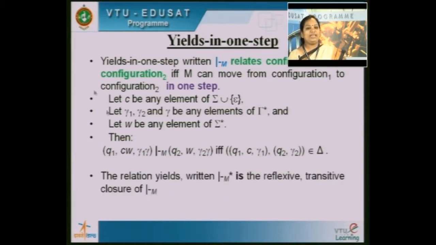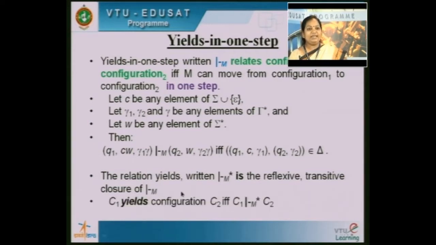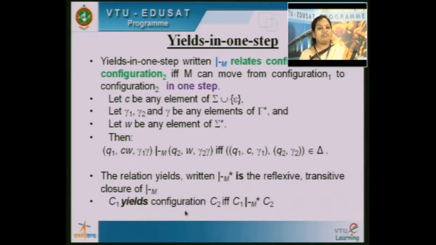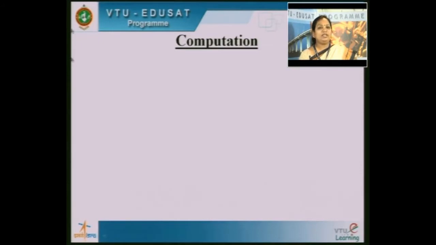So this is one yield. The relation yields is the reflexive and transitive closure of a single yield. So C1 yields C2 can also be written as C1 yields C2 in multiple steps.